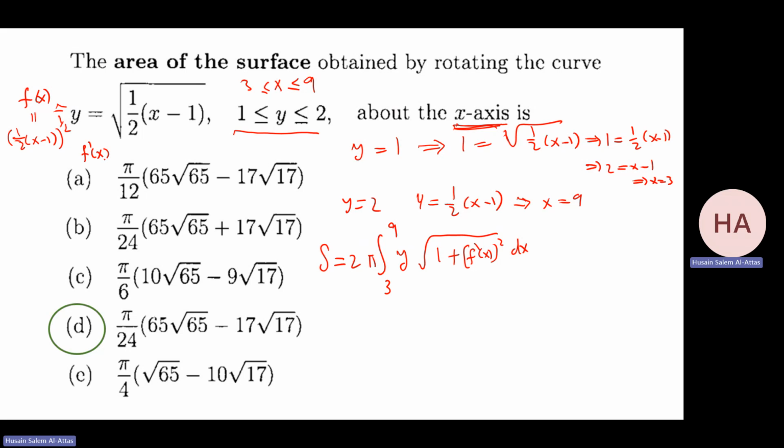So f prime will be half, x minus 1 to the power minus half, times the derivative of this, which is half. So it will be 1 over 4, half x minus 1 to the power minus half. That is f prime. So f prime square will be what? Wait a minute, I'm mixing things up.